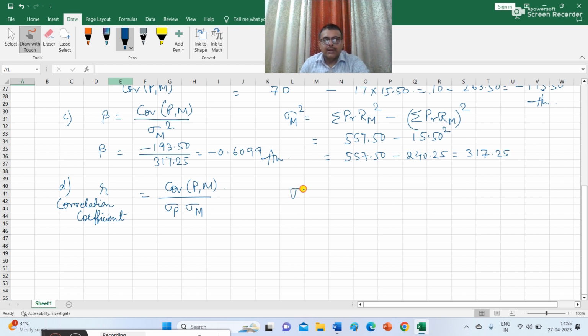Now you need to calculate the value of sigma P, which is equal to under root of sum total of PR RP whole square minus the sum total of PR RP, whole square. So the sum total of PR and RP is the expected return of the security, which is calculated at 17%. And you need to calculate this factor PR and RP square.